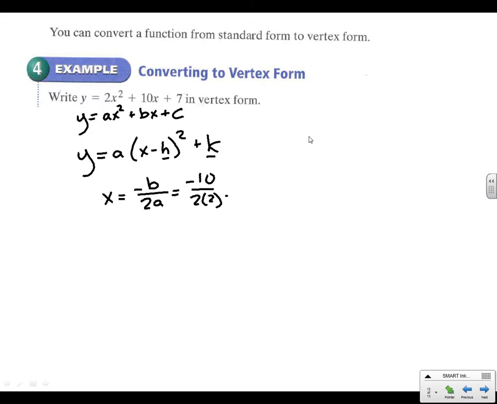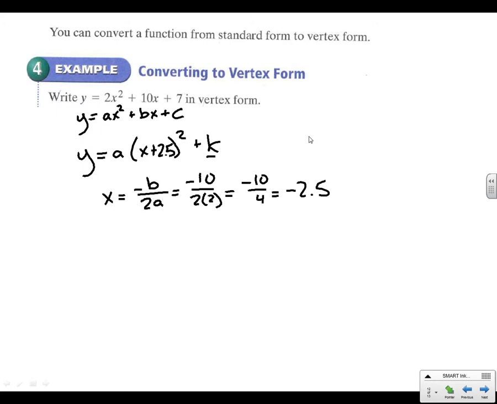So that's negative 10 over 4, which is negative 2.5. All right, so we've got h now, which is negative 2.5. So we're going to have to change this to a plus 2.5 because it's minus a negative.